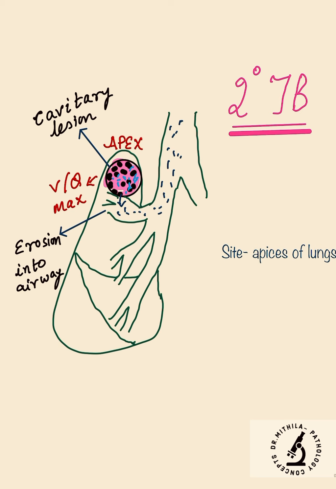So you should remember three things. First, it is a cavitary lesion, and there is also increased fibrosis around this lesion. So this lesion is virtually walled off from other parts of the lung. Hilar lymph node involvement is also much less commonly seen in secondary TB as compared to primary TB.